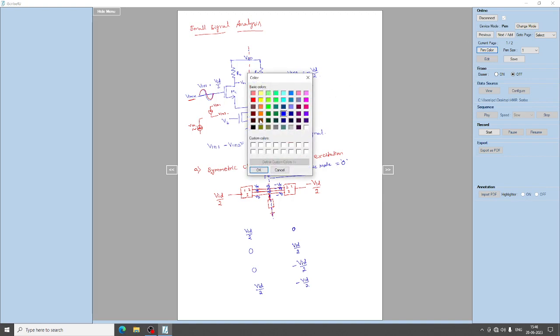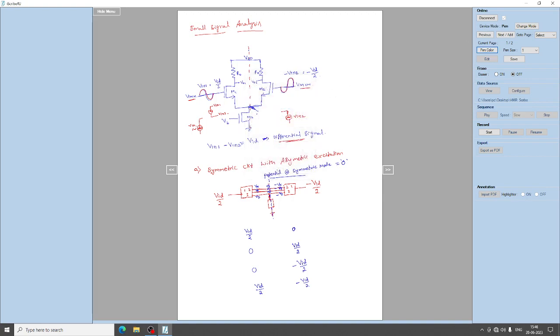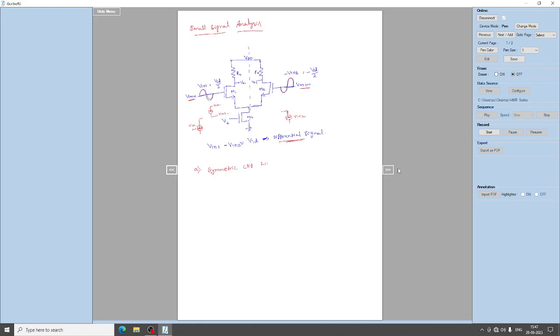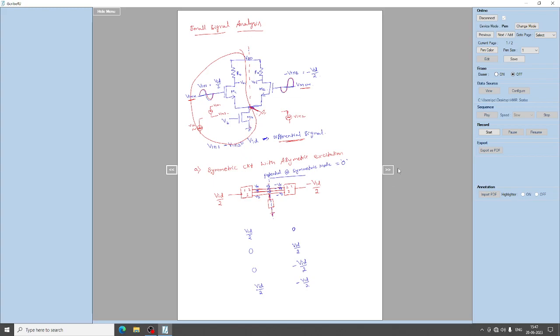So the potential at that particular node, the drain terminal of M3, will be equal to 0. So I can analyze the same circuit by taking one half of the circuit, right? By taking only one half of the circuit, by connecting this to be 0.